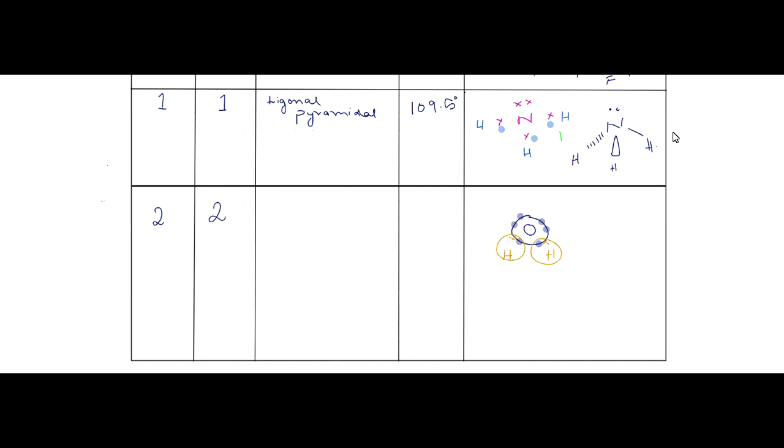So now over here, you can see that in the water molecule, we have two lone pairs of electrons.